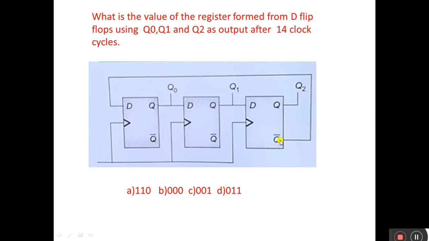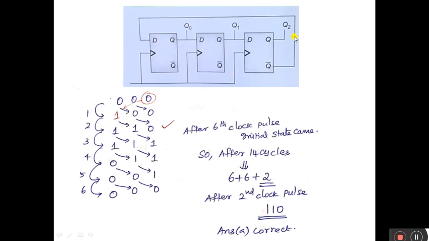See here, this Q bar is connected here. So D equals Q bar, and Q is connected to D directly, the same value. This Q bar is connected to D. Based on this, we need to find Q0, Q1, Q2 after the 14th clock cycle.